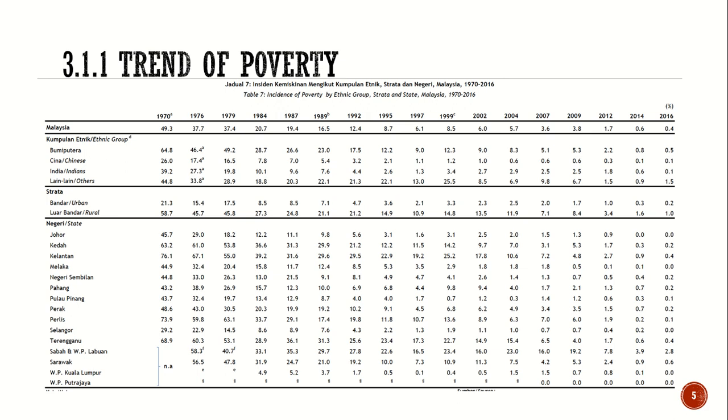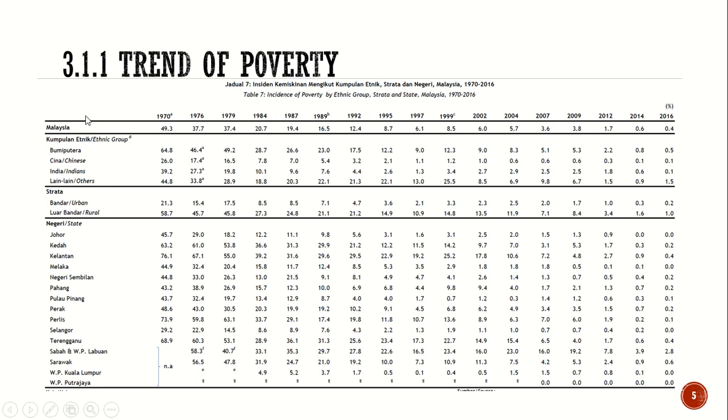So we move to the next part called the trend of poverty. The trend of poverty, starting from 1970 until 2016. Of course we have more recent data, but it is not possible for us to collect all data every year. As you can see, poverty is divided into a few categories.